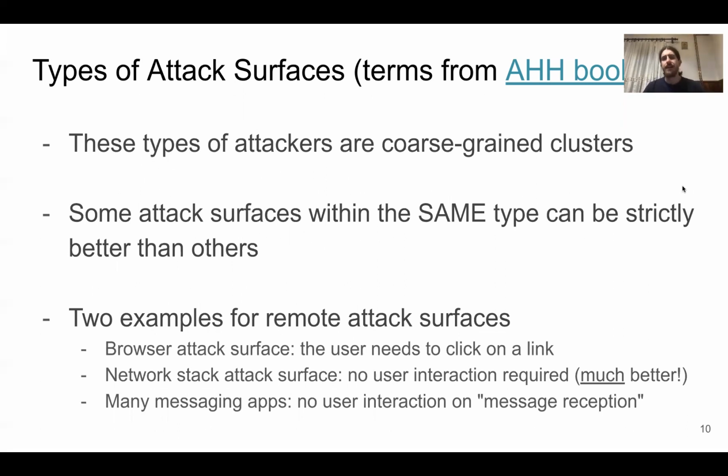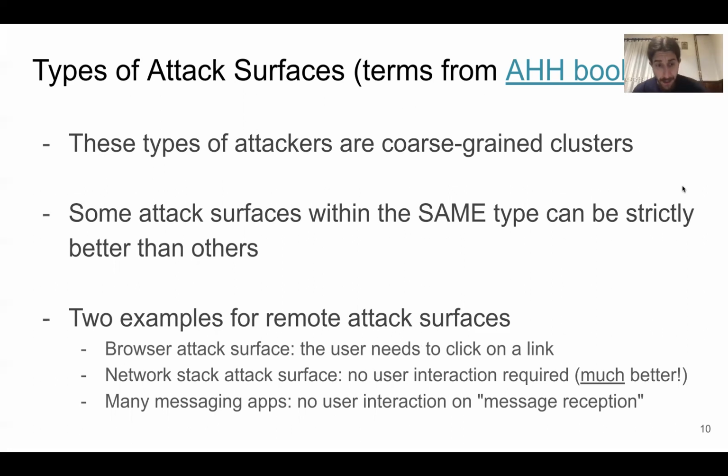Again, these types of attacks are very coarse-grained, and some attack surfaces within the same type can be strictly better than others. Consider two examples in the remote attack surface category. In a browser attack surface, the user needs to click on a link. So I send you an email, or a message on WhatsApp or Signal with a link, and to trigger the bug, maybe the user needs to click on the link.